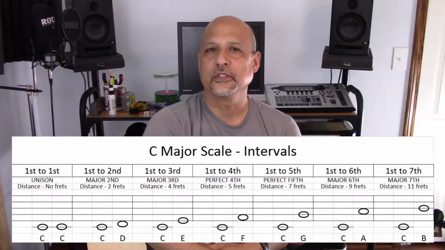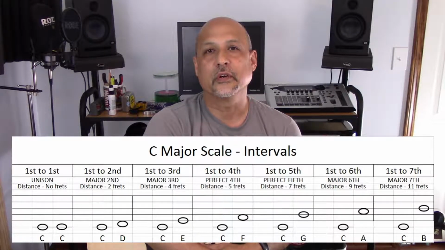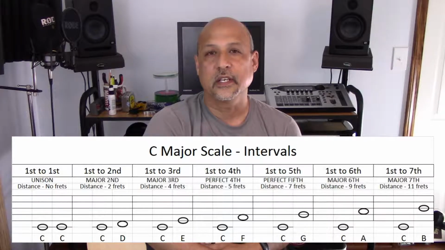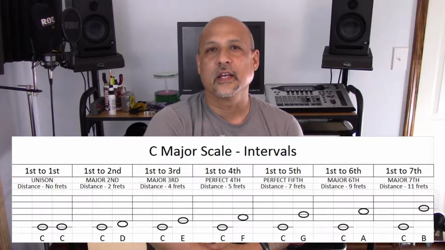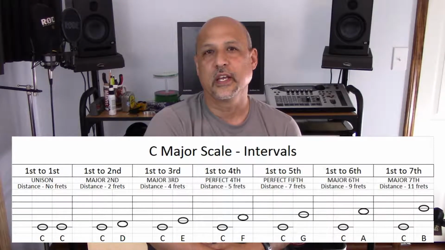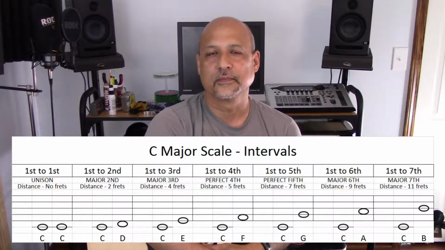Take, for example, on the chart, if we start on the first note, C, which is the tonic or the root note, and we count up 4, C, D, E, F. And F is an interval of a fourth away from the C, or a perfect fourth. You can just remember it as a fourth.